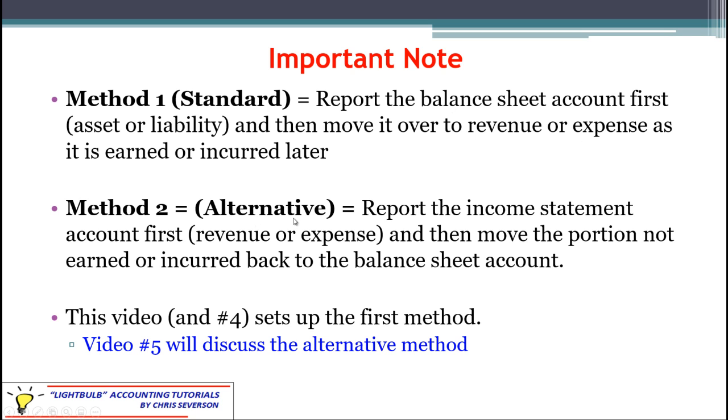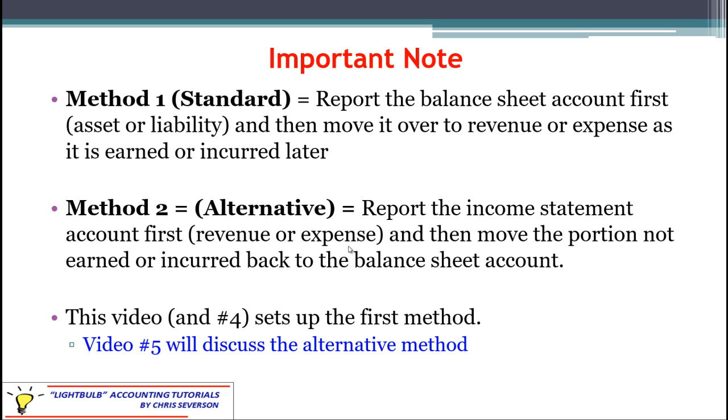Method two is the alternative method, and that basically says as soon as the cash changes hands, let's report it all in the income statement accounts, either revenue or expense, which in a way kind of assumes that we are going to use up all of that asset as an expense, or that we're going to earn all of that revenue right in that period.